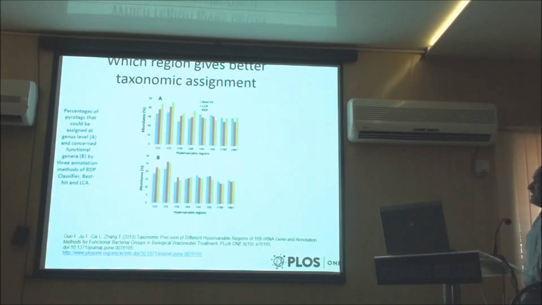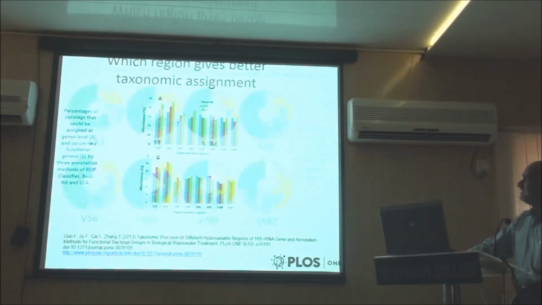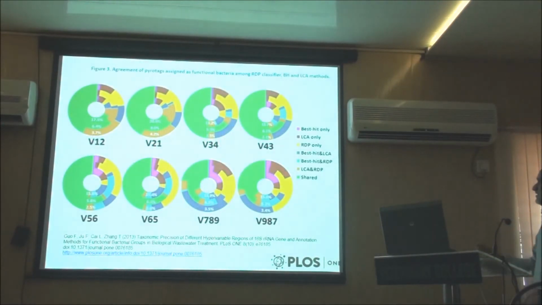But this was a study which was restricted to biological wastewater treatment. V1, V2 performs relatively better as compared to the other regions, but it's just relative. There is not a very significant difference. And they had used three functional categories: pathogens, remediators, and active groups.